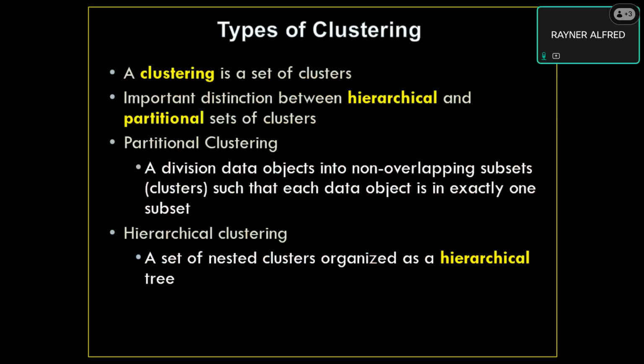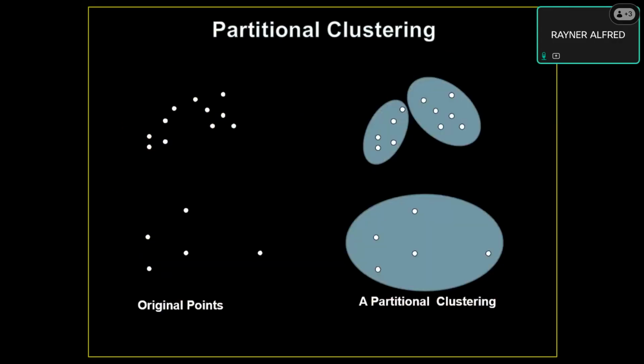For clustering, we actually have 3 types, but here we discuss partitional and hierarchical clustering. Partitional is where you do not have overlapping. You look from the top and you see clusters with no overlapping. This is K-means clustering.